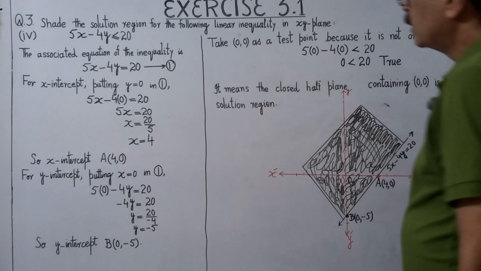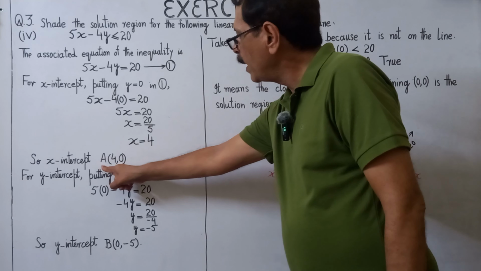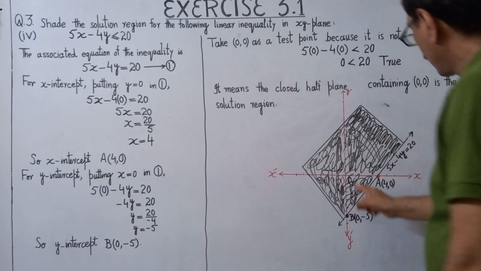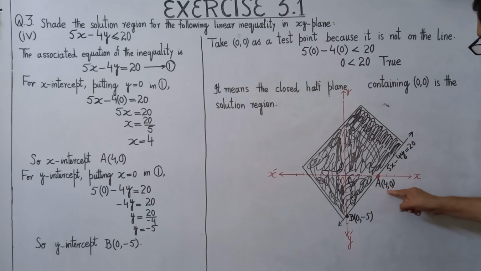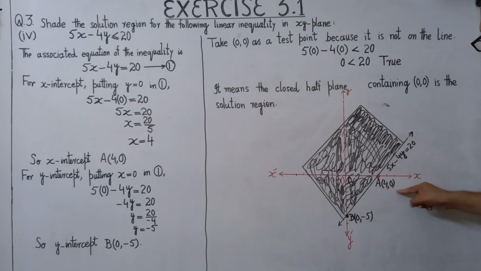Now, x-intercept 4, 0. 1, 2, 3, 4. This is the point which represents 4, 0.